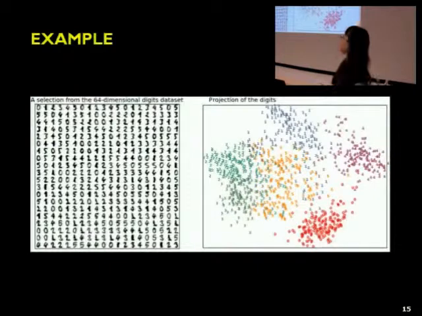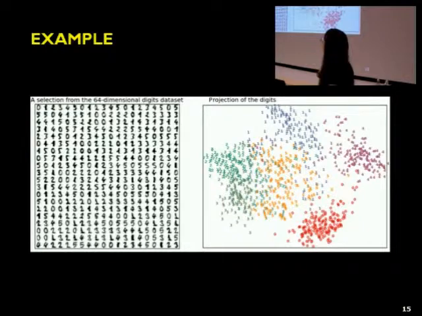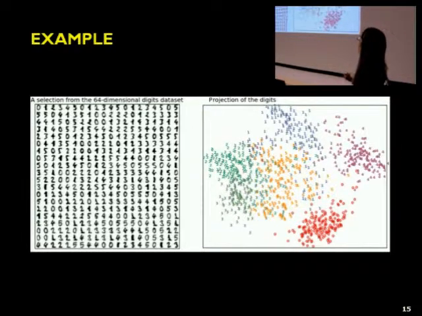Here's an example of a high-dimensional data projection. This is part of a benchmark data set of handwritten digits. Each handwritten digit is encoded by a 64-dimensional attribute. If we project this data to a 2D display, you may end up with such a visualization. Ideally, all the zeros, which are written very similarly, should stay together.